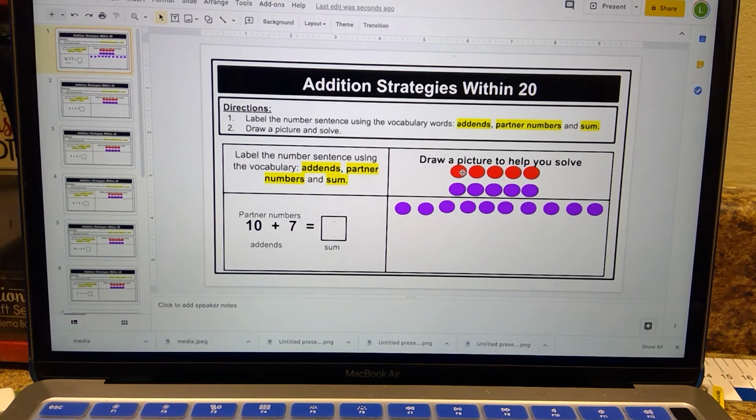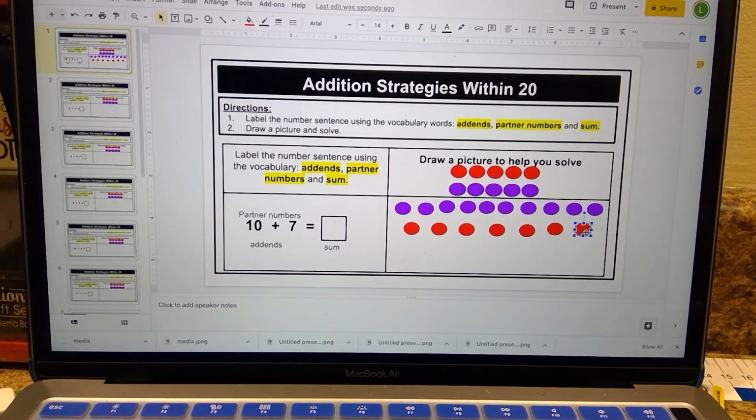Now I'm going to use the red counters to show 7. So here I go. Help me count it. 1, 2, 3, 4, 5, 6, 7. And let me count and double check that it's 7.